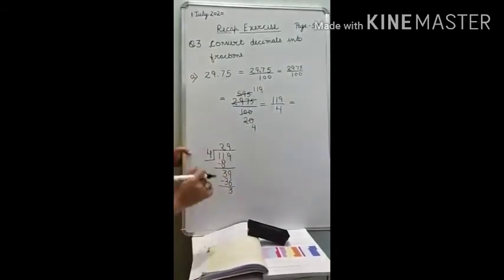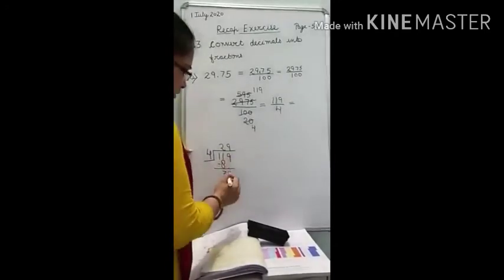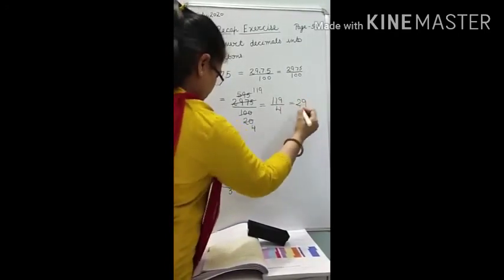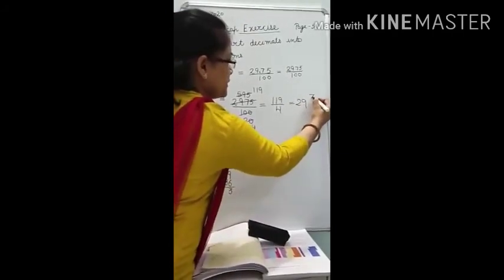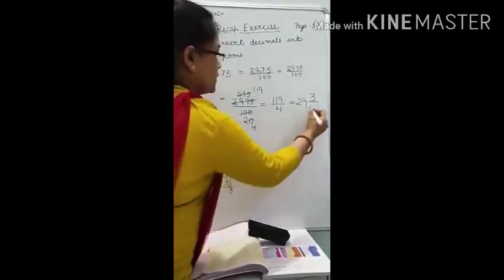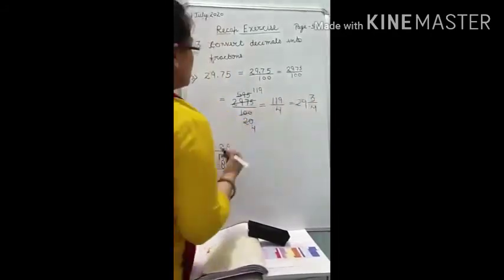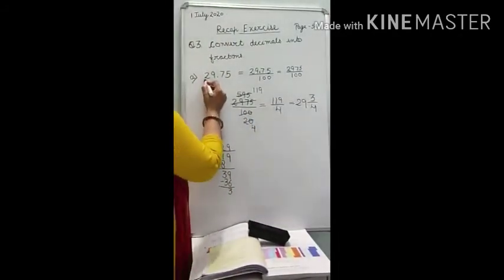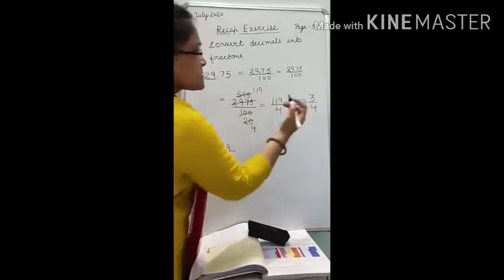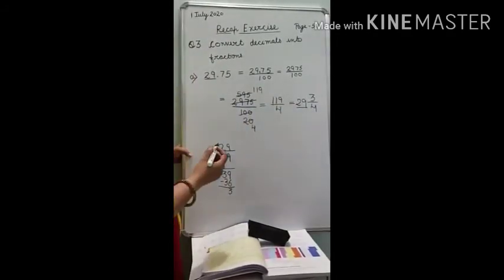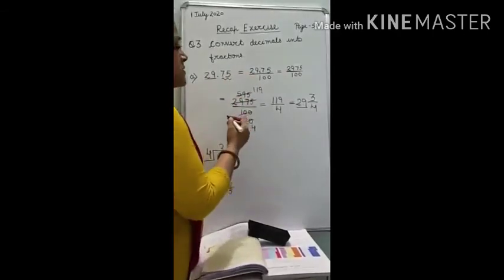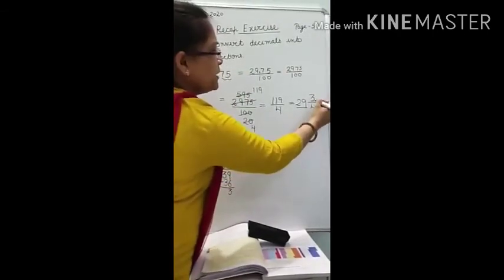Now as we have to convert into mixed, what we will do, we will write this as the whole part and this in the numerator and this 4 in the denominator. Now class, you can easily notice one thing, the whole number remains same. The change is only in the decimal part. 0.75 is converted into 3 by 4.